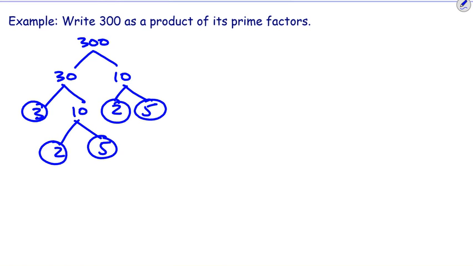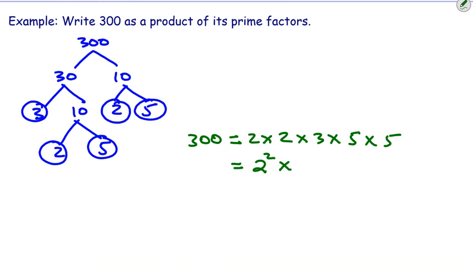And then we can summarize this by saying 300 is equal to 2 multiplied by 2 multiplied by 3 multiplied by 5 multiplied by 5, which can be written as 2 squared multiplied by 3 multiplied by 5 squared.